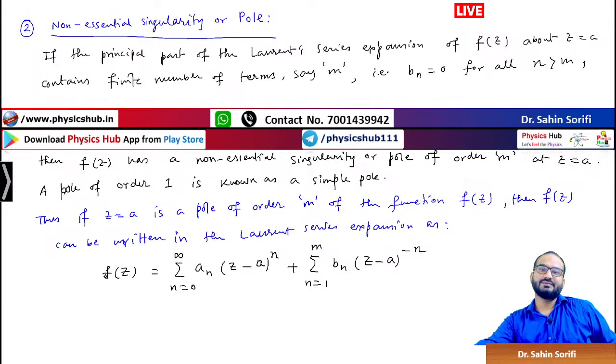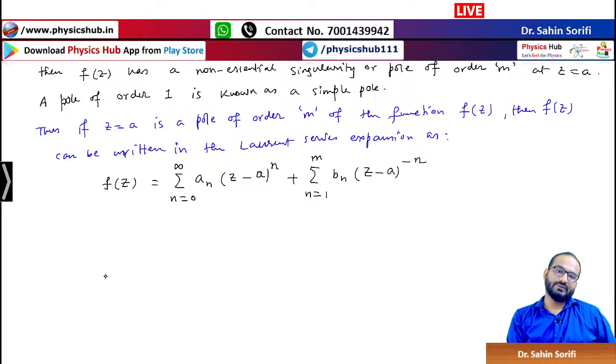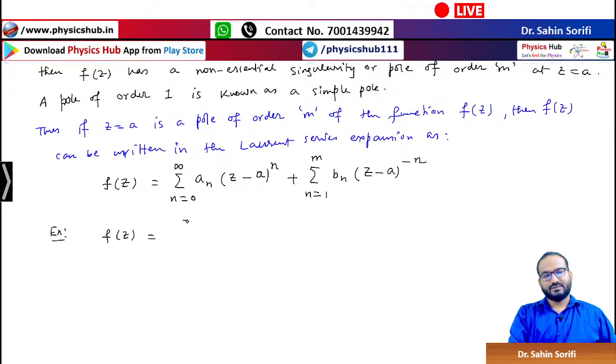For an example, if I take an example, then it will be very much clear to you. Let's say we have a function like f of z equals z by (z minus 1)(z plus 2) whole square.